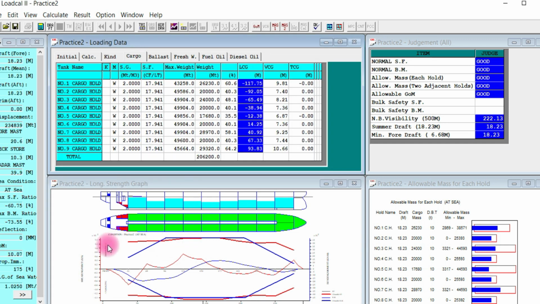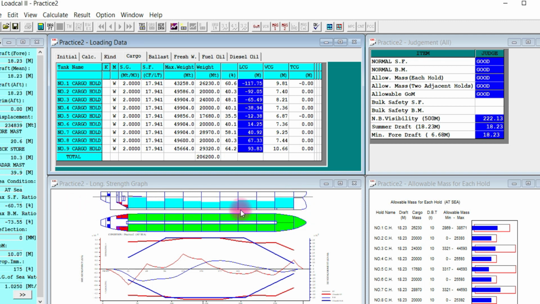Now, in arriving, we have a fuel oil of 580 to be consumed. So in these fuel tanks, once these 580 metric tons are consumed, the tendency of this part will rise up, and the tendency of this forward will go down.